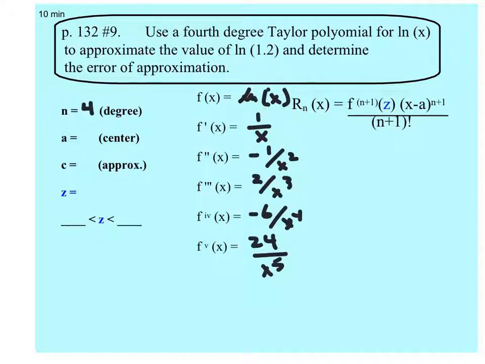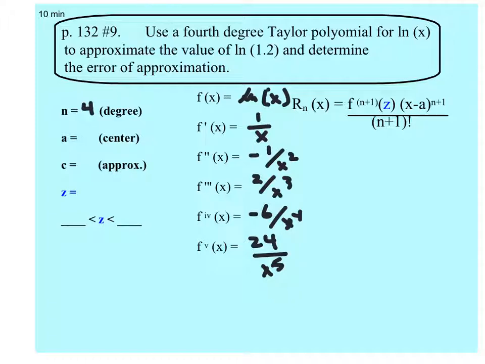Now it's not asking us to build the polynomial. Actually, maybe it is. Let's see. Use the 4th degree polynomial for natural log of x to approximate the value of natural log of 1.2. I'm not going to do that here. All I'm going to do on this slide is find the error; you would build the polynomial on the side.